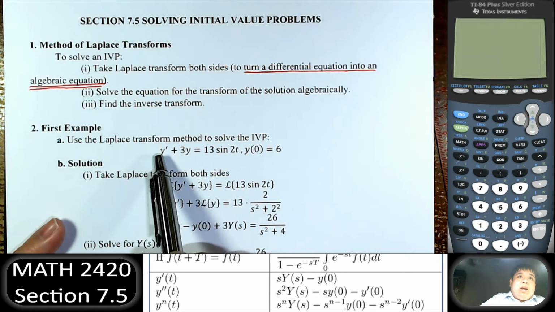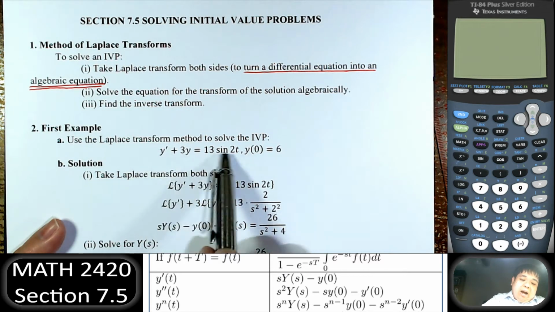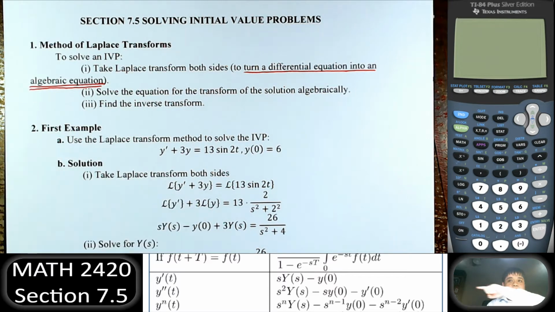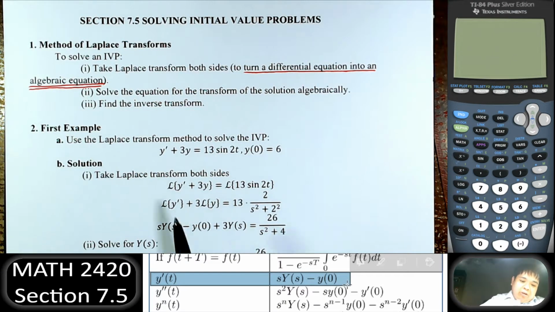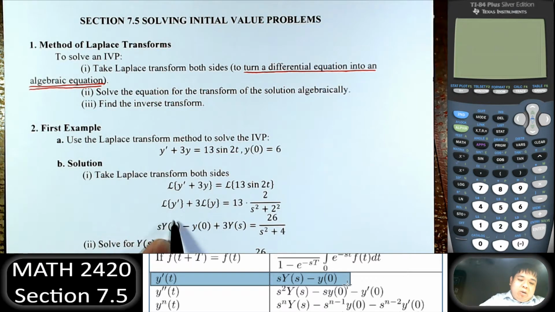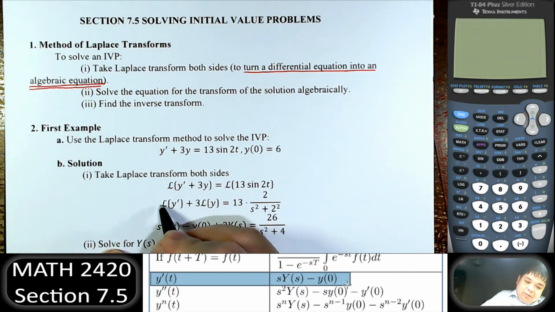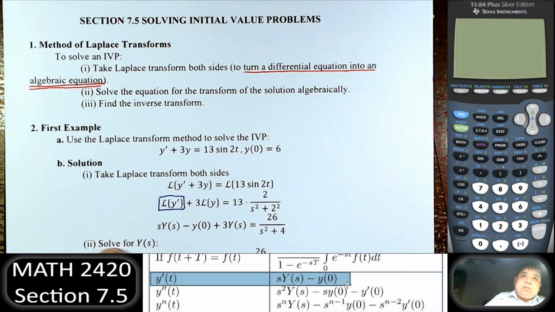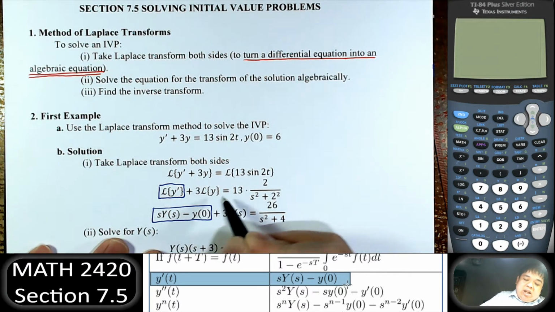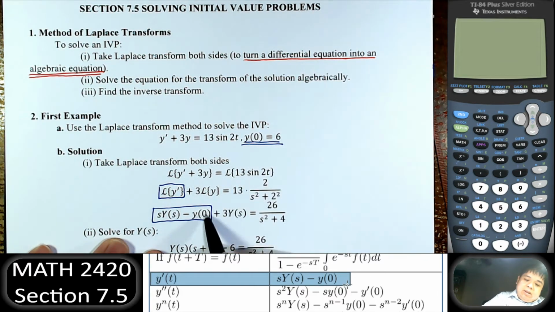So first we'll transform both sides, transform the left hand side, the transform of the derivative. The formula is over there. So the derivative, and then the transform of 3y. The transform of the derivative is going to be this, and that's where we need the initial value, which is 6.